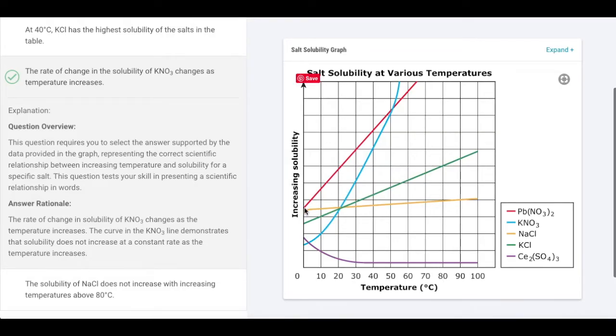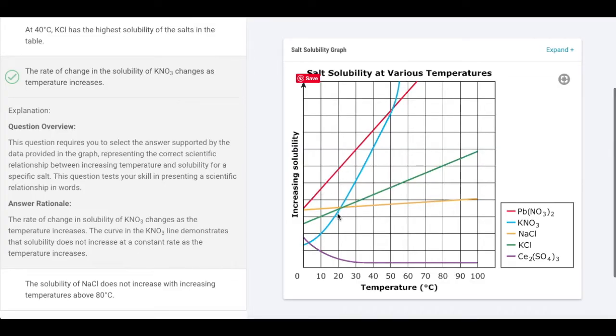What you need to understand here is that for a straight line, there's a constant slope. In other words, there's a constant rate of change for a straight line, such as the red line right here. You could pick any two points on the red line, plug them into the slope formula, and calculate the slope. Whatever two points you pick, you're still going to get the same answer, because the slope is constant for a straight line.